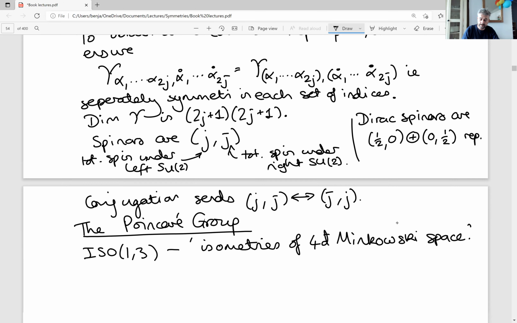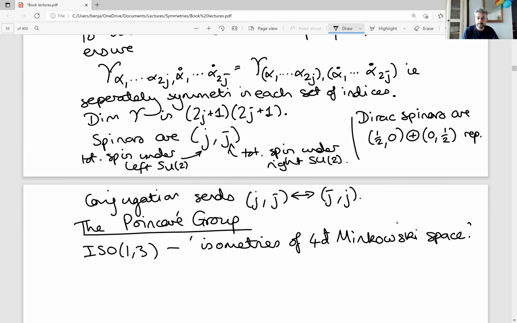And so we take the symmetries of the Lorentz group and we add translations to those.